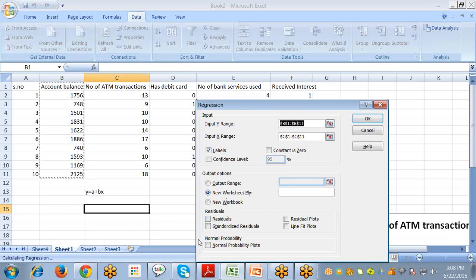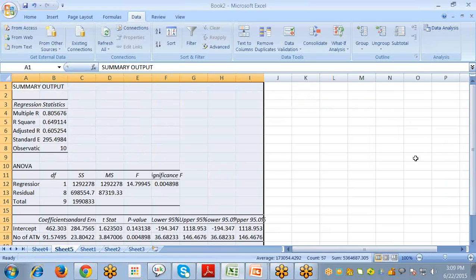The last option is Residuals, which just shows the errors, and I'm not explaining residuals here. I'm just trying to explain how to calculate regression in Excel. I just check New Worksheet and Labels and then click OK.